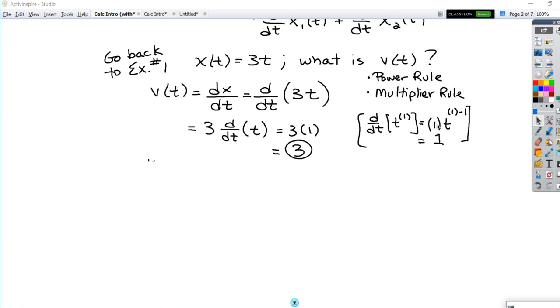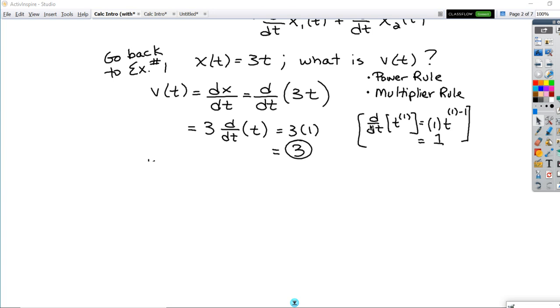I bring that power down. So it's that power times t to the power minus 1. So I get 1 times t to the 1 minus 1. Well, 1 minus 1 is 0. t to the 0 is 1. 1 times 1 is 1. So the derivative of t is 1.